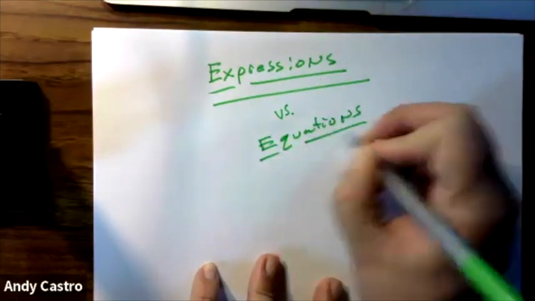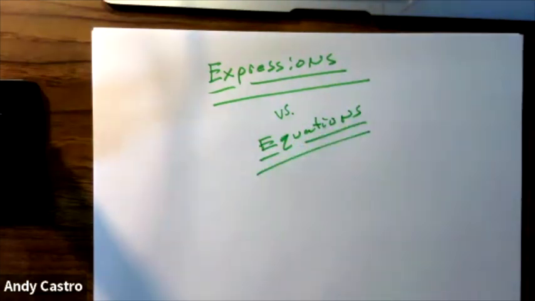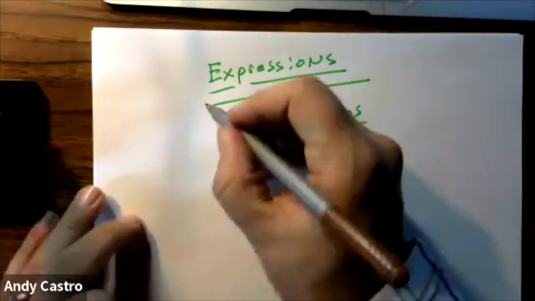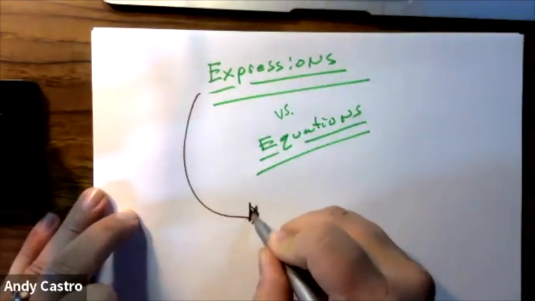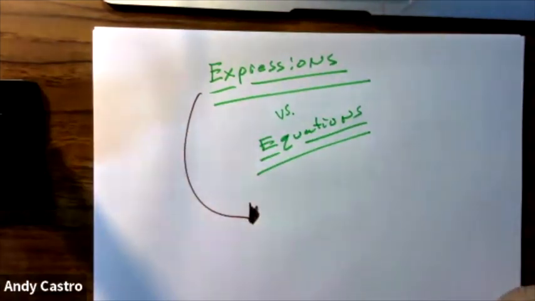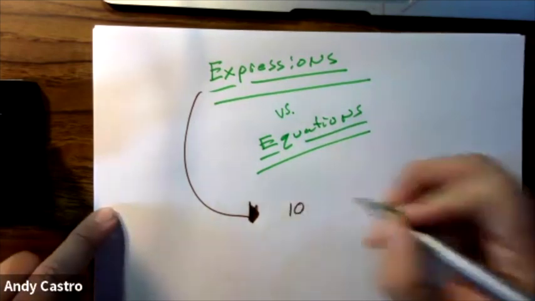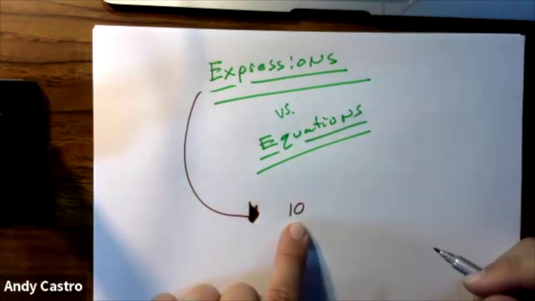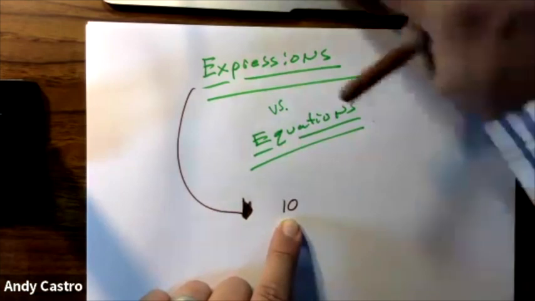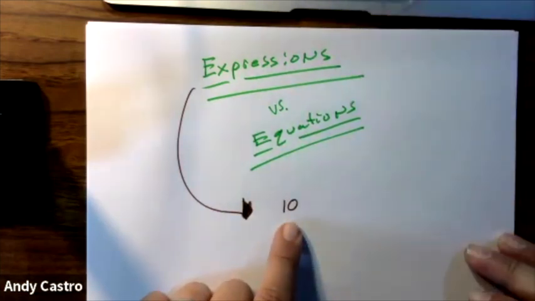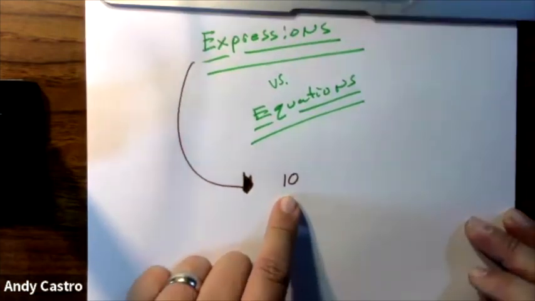Okay. Expressions versus equations. So the first thing I want to do is talk about what is an expression. An expression is exactly what it sounds. We're expressing an idea. So let's look at the idea of the number 10. There are an infinite number of ways that I can express the number 10. Let me show you a few.